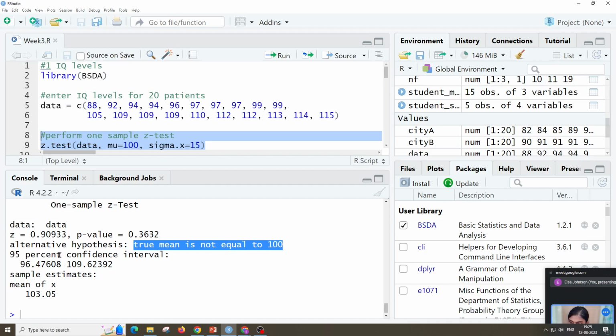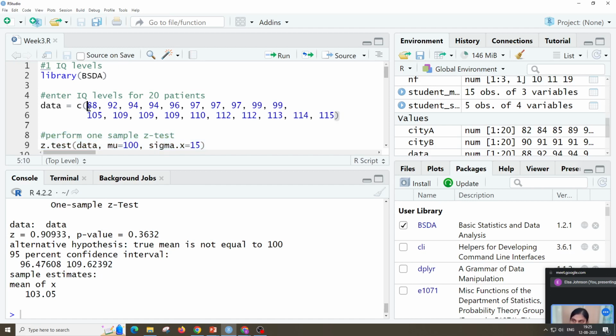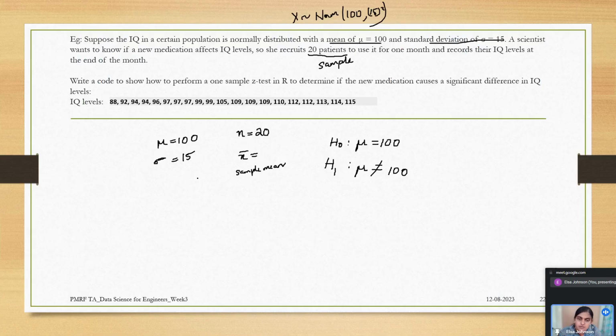Here the 95% confidence interval will be coming in between these values, and in sample estimates they will be telling the sample mean. 103.5 denotes the x bar. So R has calculated 103.5 as the sample mean.